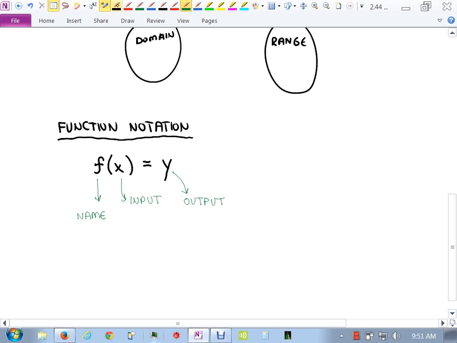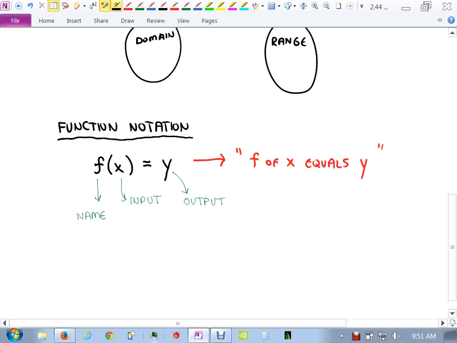Now, how would you say this if you were talking like English? Okay, how do you say this line? You'd say F of X equals Y. That's the way you say that. F of X equals Y. So that little F with the parentheses inside it, we say that F of X.